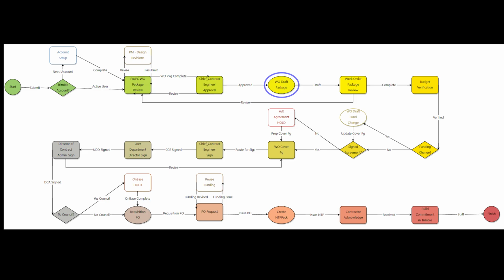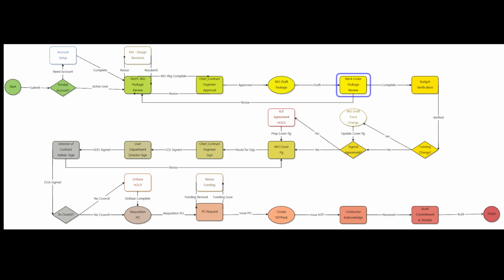When she's accepting of the documentation, it will go into a mail merge for a work order draft package. That package will be a PDF document that will be sent to the contract coordinator, Ani Hosferbeek, who will then compile the documentation for a requisition to PO and later on the notice to proceed.